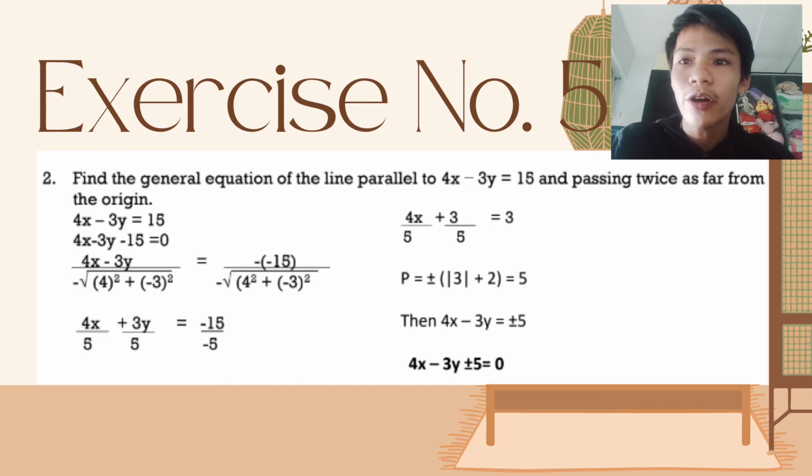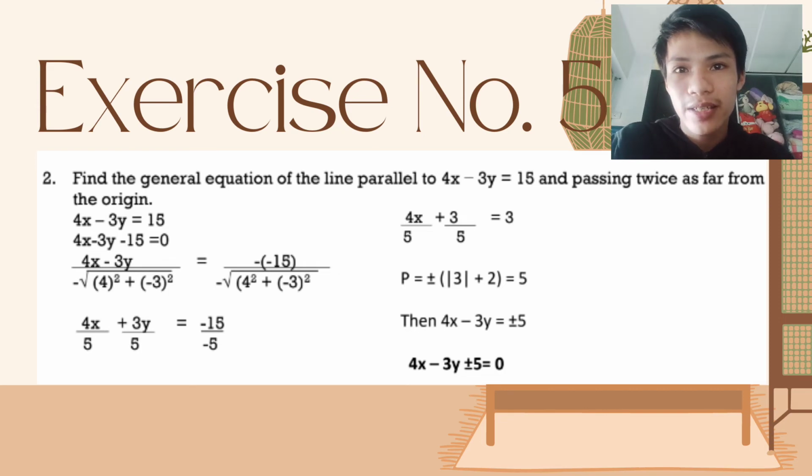And then (4x − 3y) over negative square root of 4 squared plus (−3) squared is equal to negative (−15) over negative square root of 4 squared plus (−3) squared. So, (4x − 3y) over 5 is equal to negative 15 over negative 5.